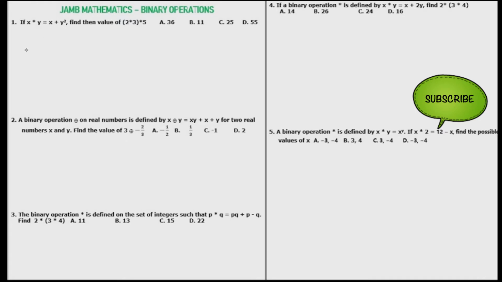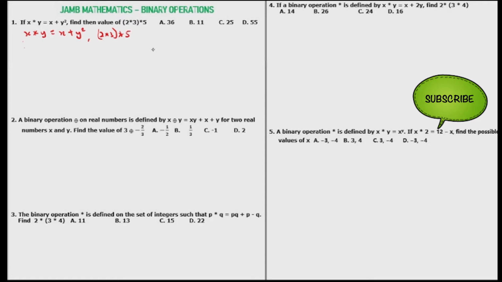The first thing is to see the definition, which is x asterisk y equal to x plus y squared. And we are given 2 open bracket 2 asterisk 3 bracket close asterisk 5.